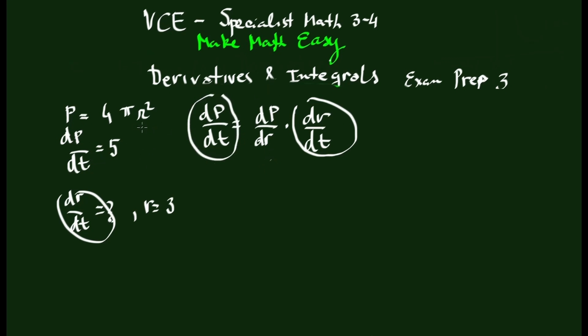And this bit we can get from there as the chain rule. So what's dP by dr? That's the differential of P with respect to r, which is 4 pi times 2 times r, so equals 8 pi r.